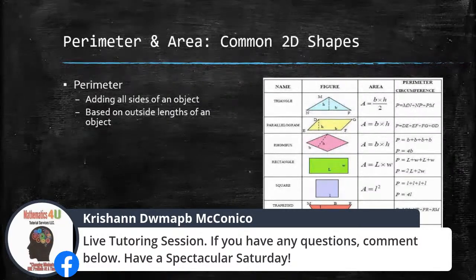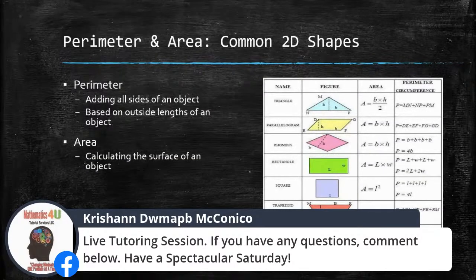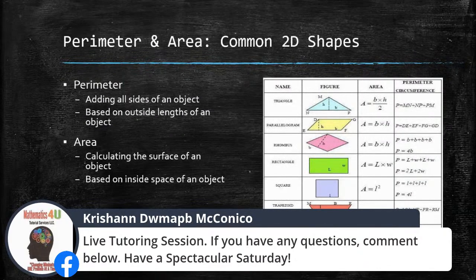All right, next up we have the area. Area is calculating the surface of an object, and it's also based on the inside space of an object. So if you look at the rectangle, the outer lengths, the black lines, those are considered the perimeter.